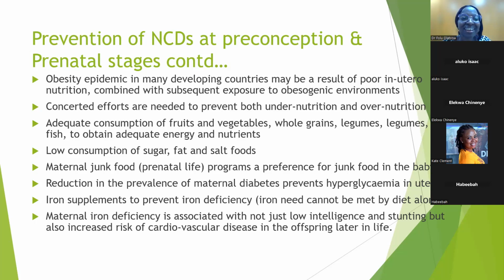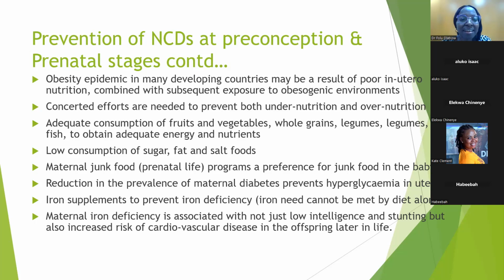In a nutshell, it means adequate consumption of fruits and vegetables, whole grains, legumes, fish, adequate consumption of water, and avoidance of junks, excess sodium, excess fats, to obtain energy in just the recommended amount, as well as other nutrients. If all of this is practiced, then we can say that person is eating healthy. Other details will include low consumption of sugar and fats.